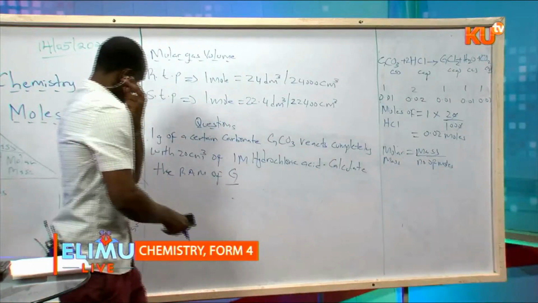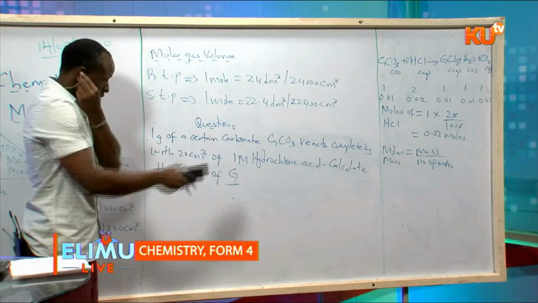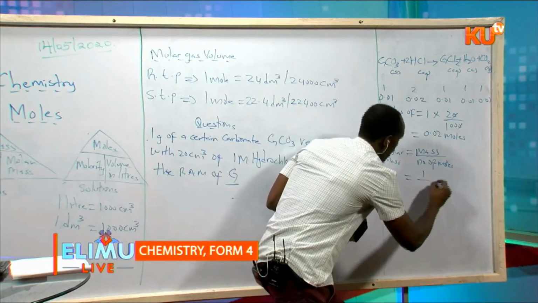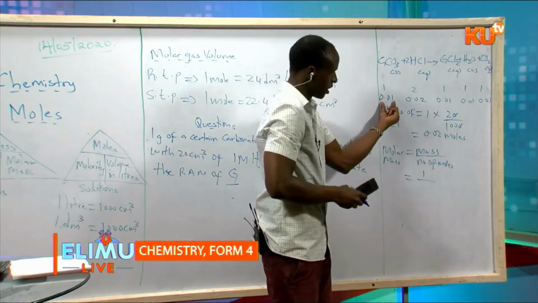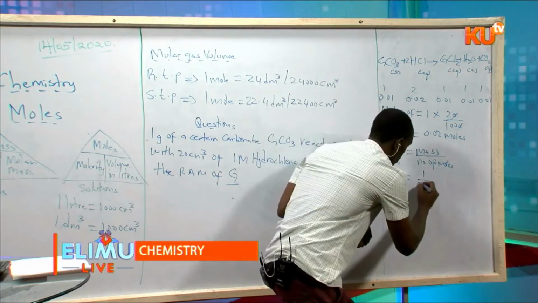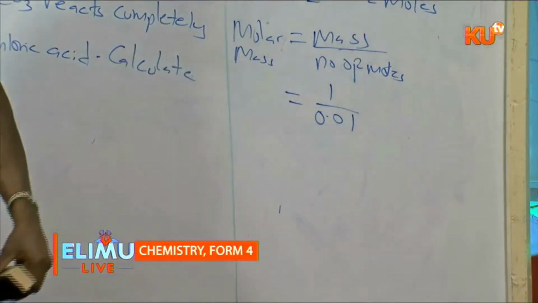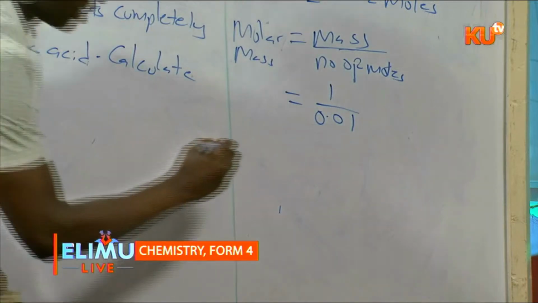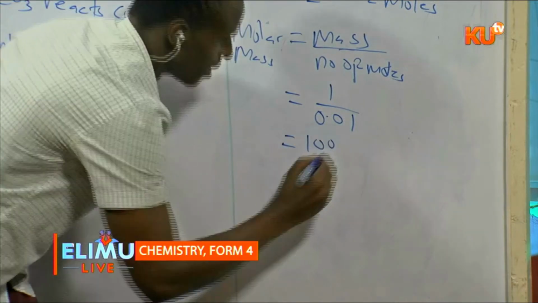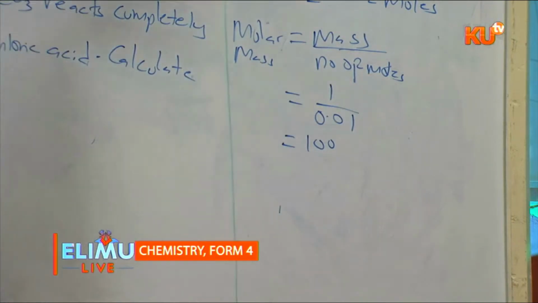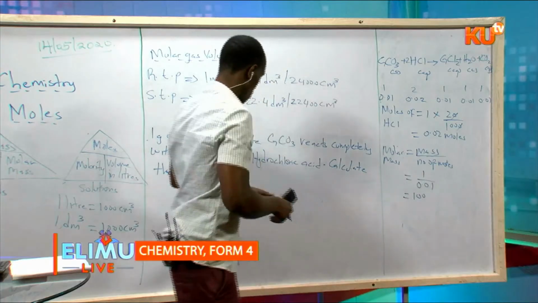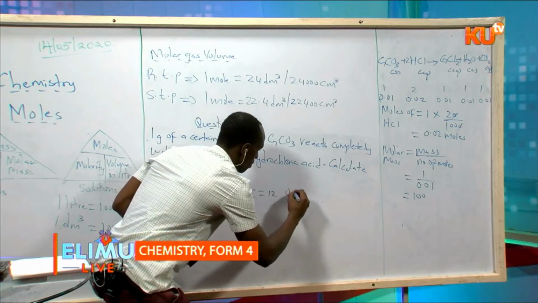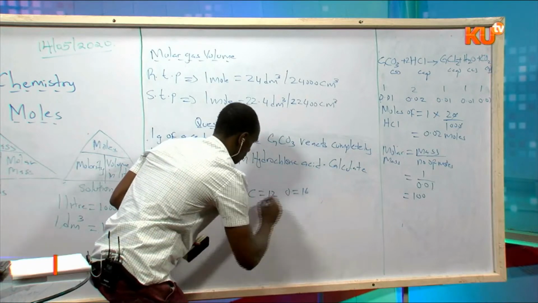Yes, you had been given 1 gram of a certain carbonate. So its mass is 1 gram. 1 over, how many moles have we got that G carbonate has? 0.01. So 1 divided by 0.01, you get 100. So the molar mass of G carbonate is 100. You have been given this, C equals 12, O equals 16.